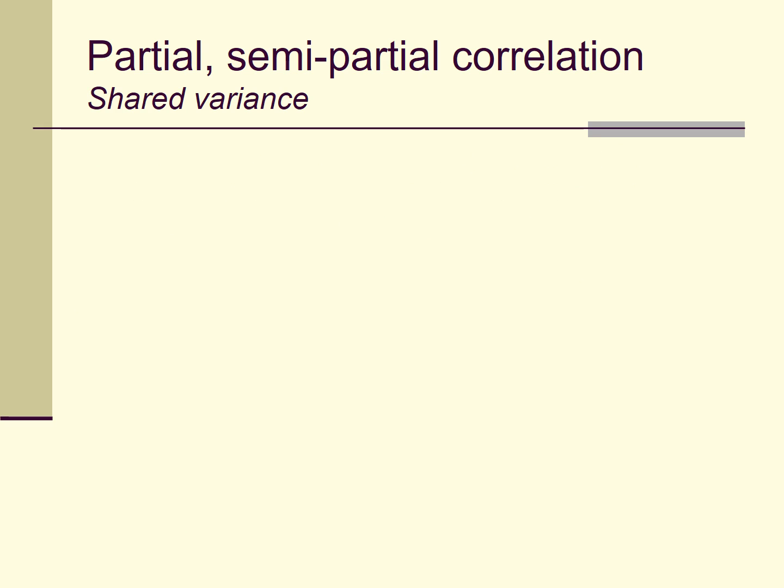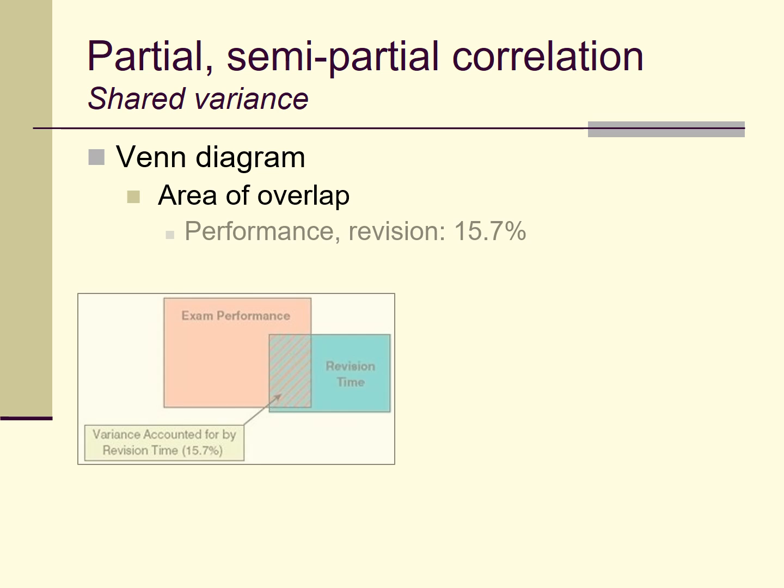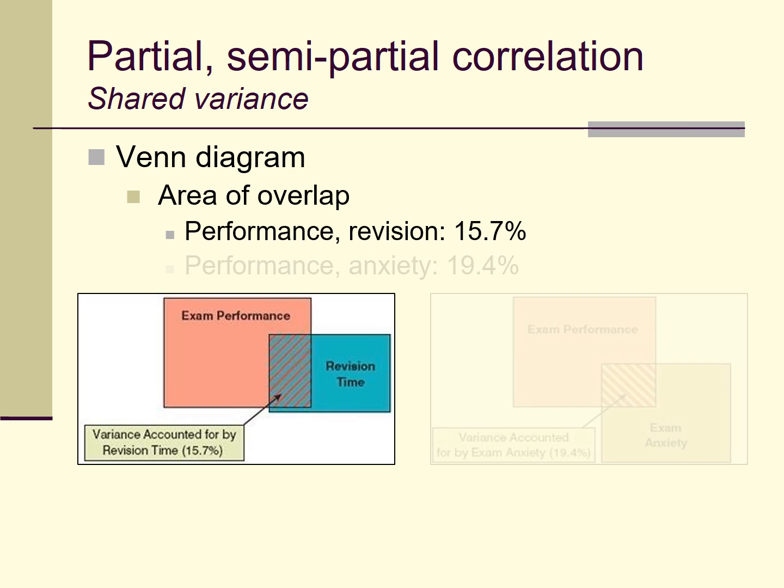I earlier presented a web cartoon comic for a Venn diagram, but Venn diagrams actually make sense here, or at least we sometimes try to use them to express, with area of overlap, the kind of relationship between unique and shared variance between different variables. So for instance, we can look at the overlap between exam performance and time spent studying, and it's about 15.7%.